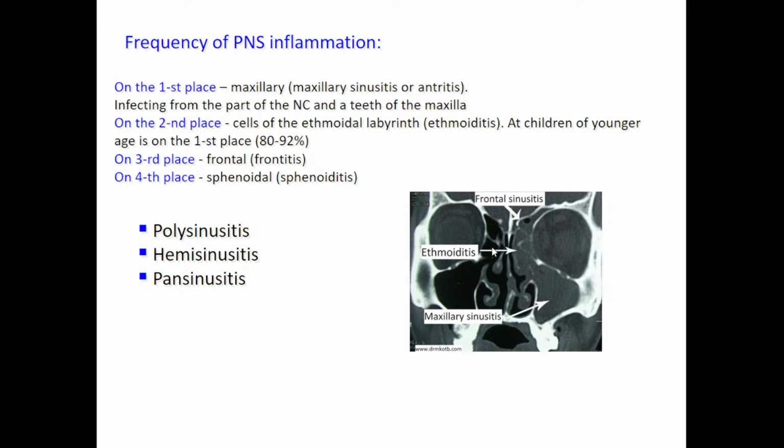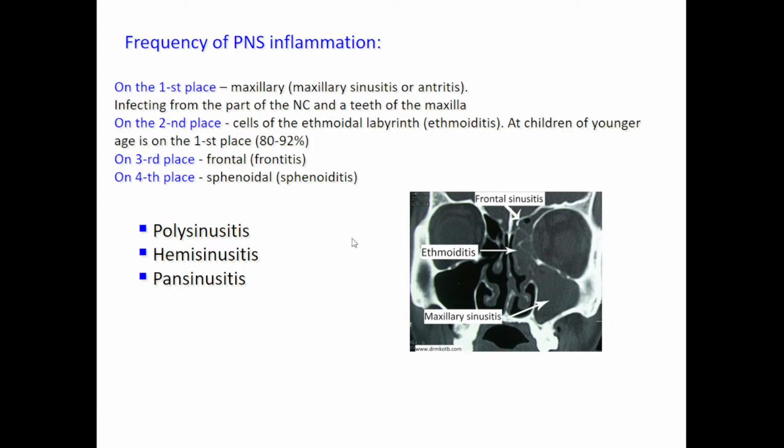In third place is the frontal sinus, frontitis, and in fourth place the sphenoidal sinus, sphenoidal sinusitis or sphenoiditis.